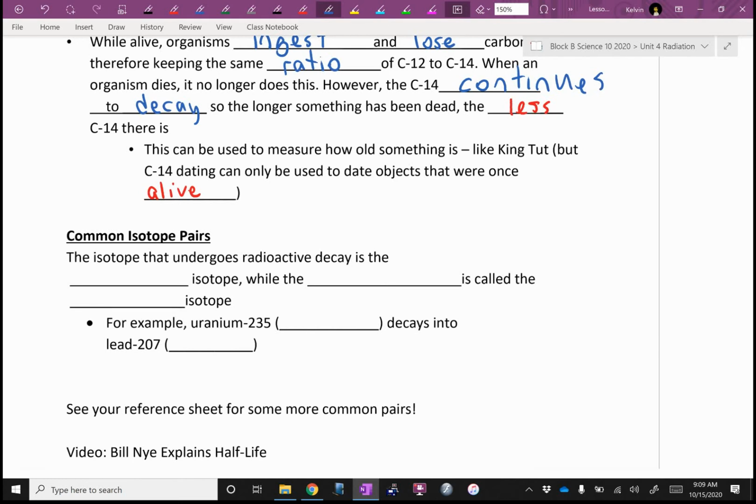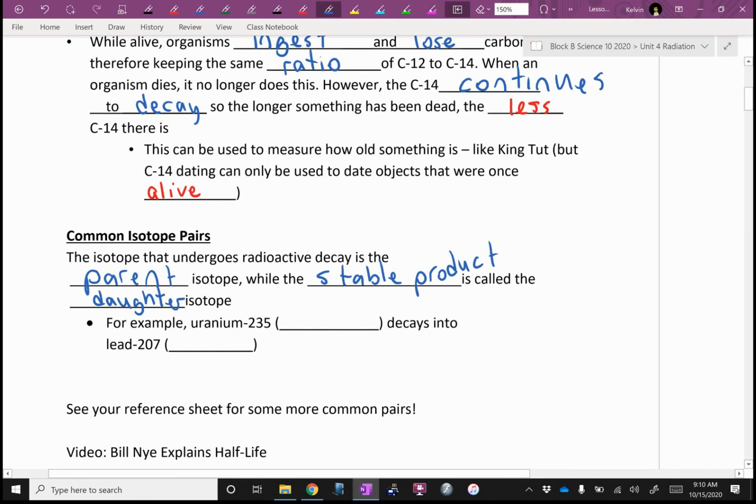There's common isotope pairs, isotopes that undergo radioactive decay. The isotope we start with, we call the parent isotope. And then when we finally get to a stable product, we call that the daughter isotope.